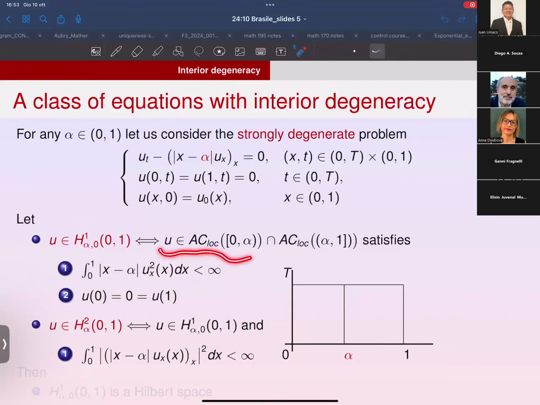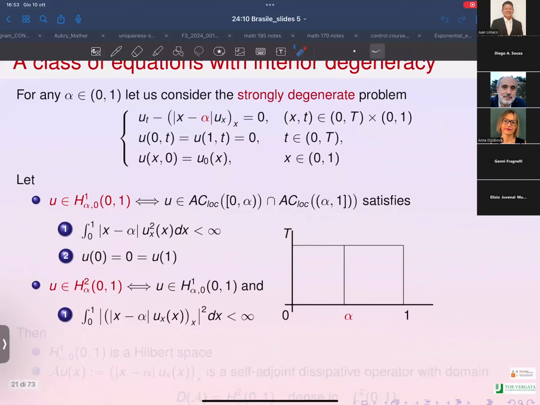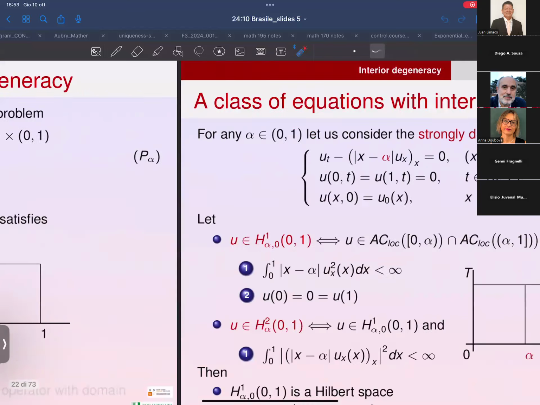So these are functions which are absolutely continuous in the complement of the degeneracy point, with finite energy and Dirichlet boundary condition, and you can also introduce the second order space by adding a second order weak derivative requirement with respect to the degenerate weight. So this turns out to be a Hilbert space.